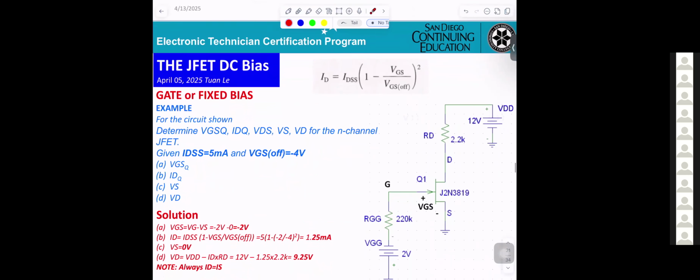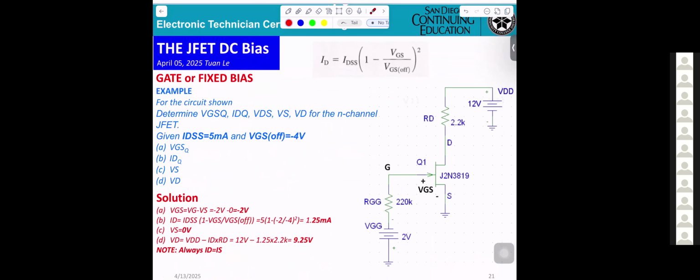Now, this is the example. Make sure you understand. For fixed bias, they apply minus 2 volts. They want to know VGSQ, IDQ, VDS, VS, and VD. They give you IDSS and VGS off.